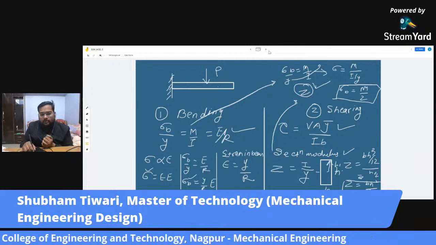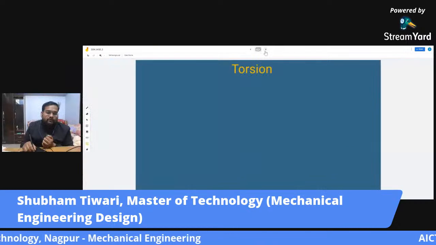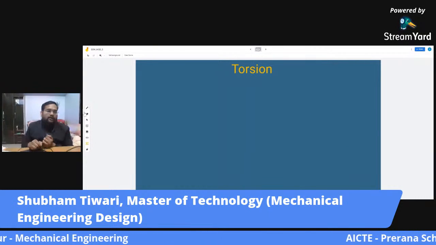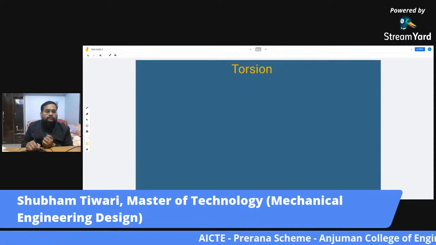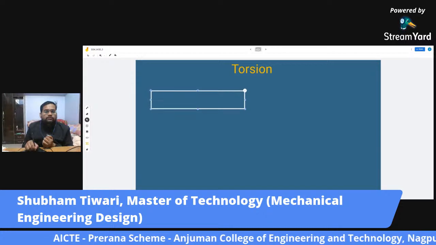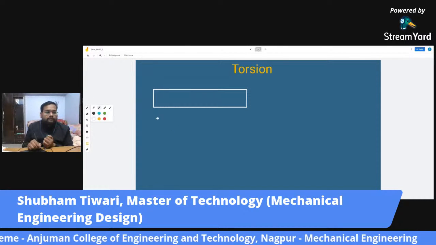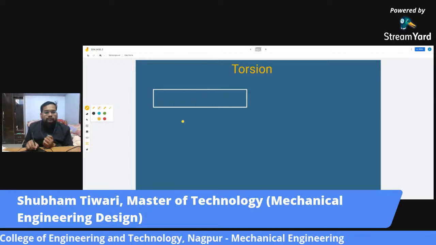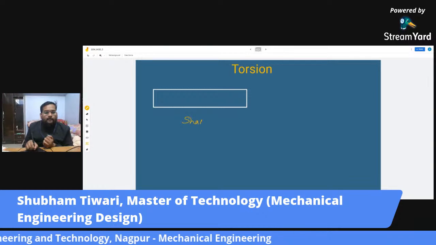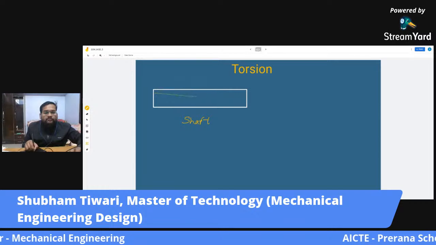Now this was all about the stresses in beams. Now let us move to the next chapter, which is known as torsion. Once again, we have this shaft here. This shaft also has layers to it.